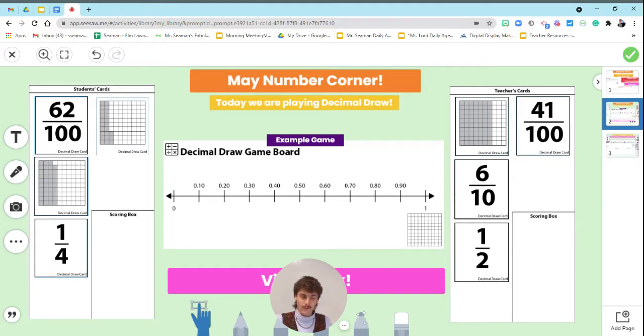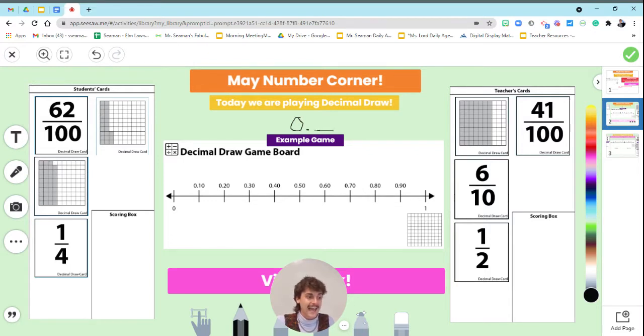Let me show you what I mean by that. When I say 41/100ths, I can think about that in terms of decimal places. With the decimal, we have our ones, which is before the decimal point. Then we have our decimal point, then tenths, then hundredths.